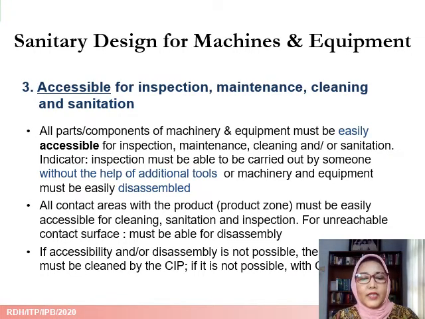All contact areas with the product, or product zone, must be easily accessible for cleaning, sanitation, and inspection. Unreachable contact surfaces must be able to be disassembled. If accessibility and or disassembly is not possible, then the equipment must be able to be cleaned with CIP, and if that is not possible, with COP.